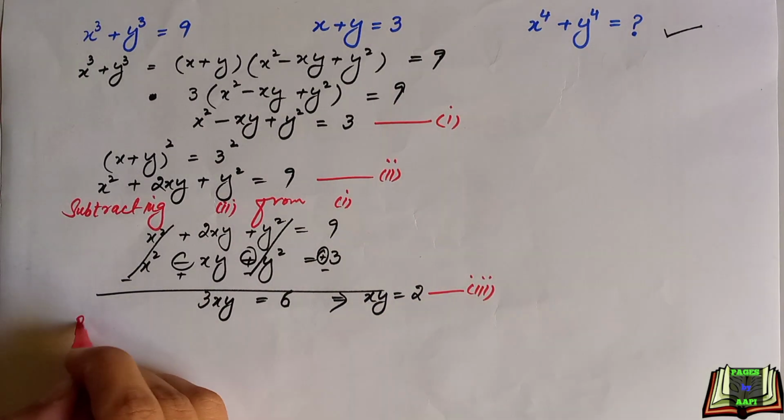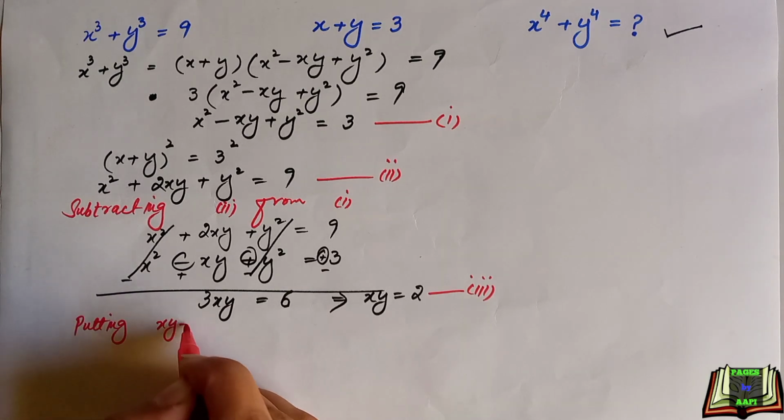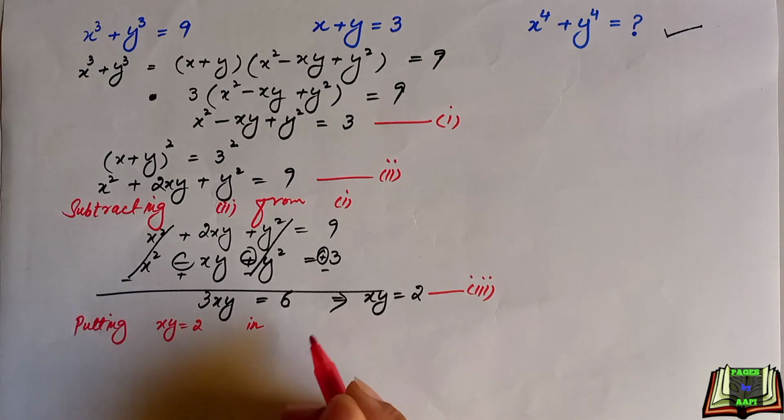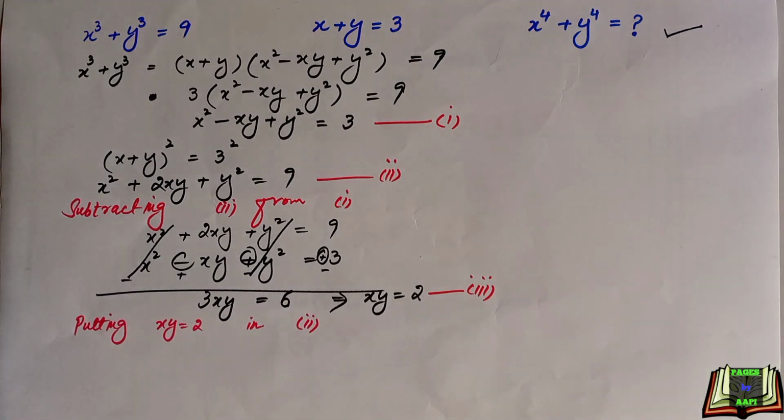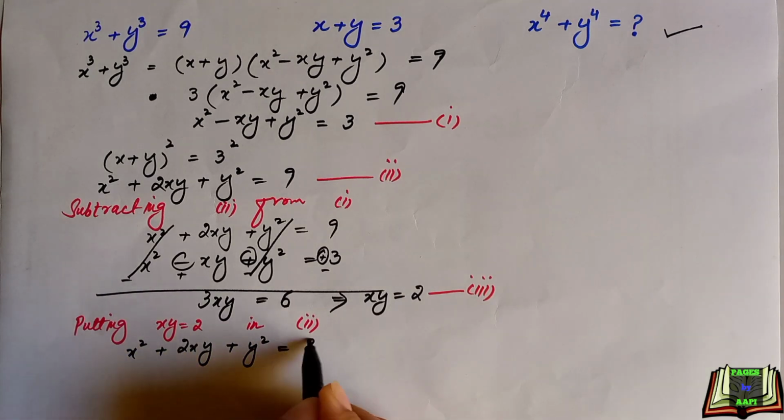In the next step, we will put in the value xy is equal to 2 in equation 2. Equation 2 is x square plus 2xy plus y square is equal to 9.